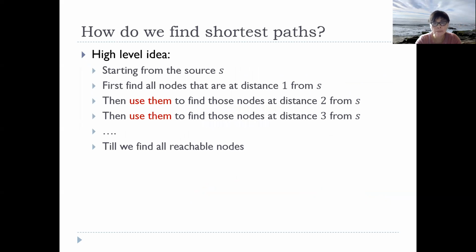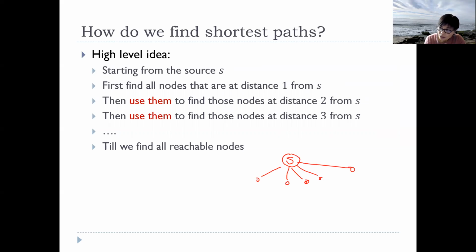In particular, the high-level idea is simply that if I want to compute the shortest path from the source node S to other nodes, I can first find all the nodes that are distance 1 away from the source node, namely those that S can reach using 1 edge.